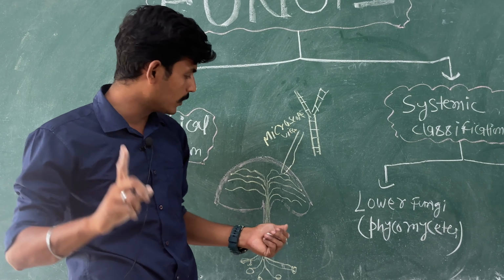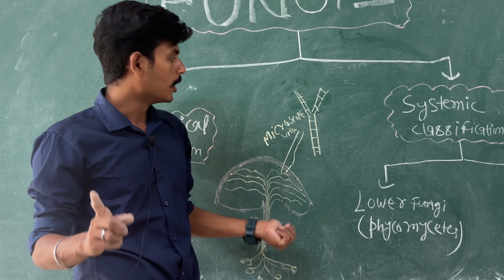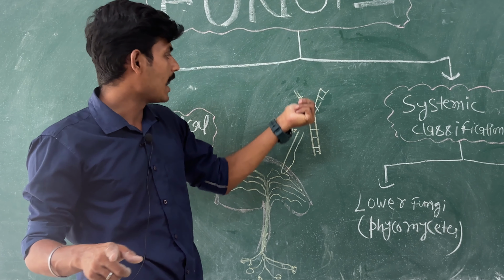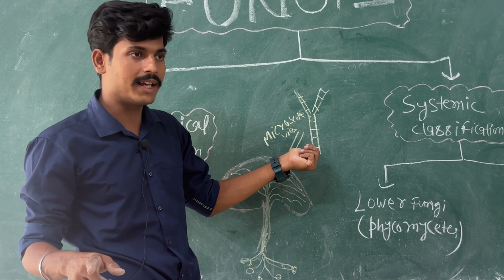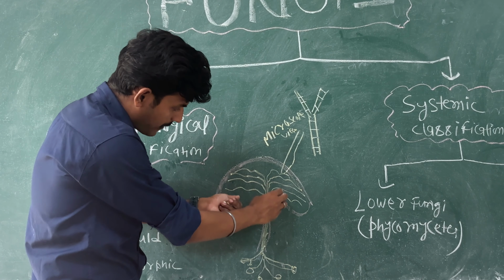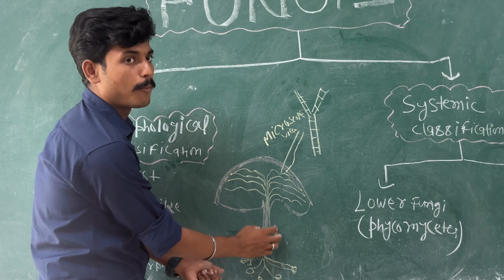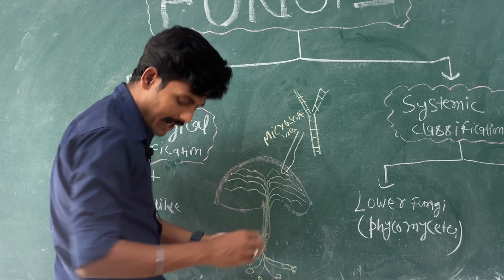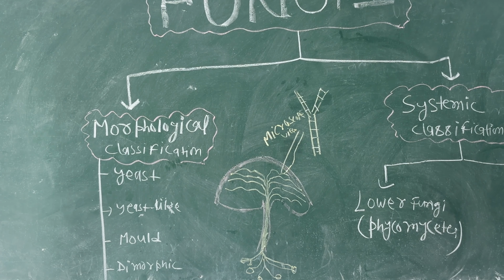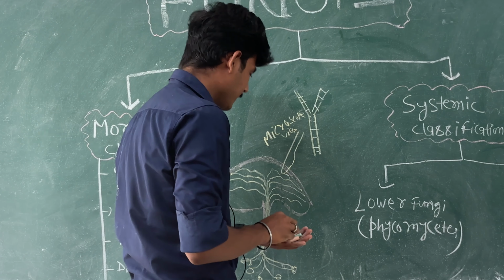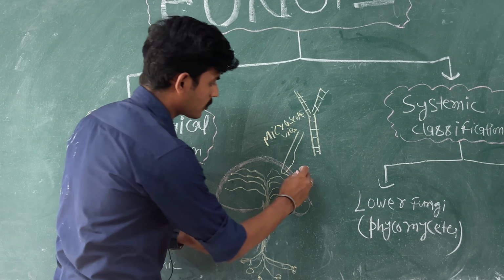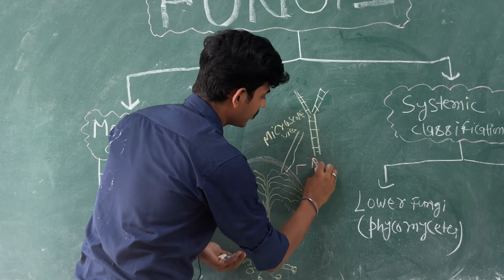But of course, you will draw the diagram. You draw the hyphae structure along with their septum. Now, these hyphae, this is called the thallus, a body. I should write. So the first thing is, this is called the reproductive part.